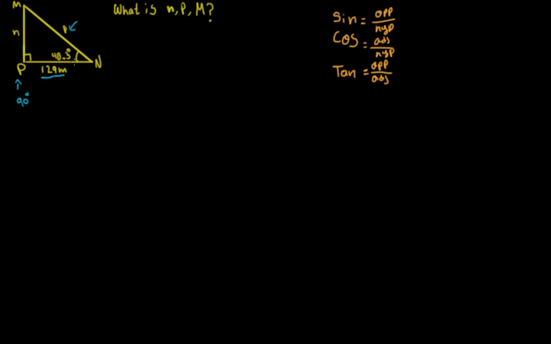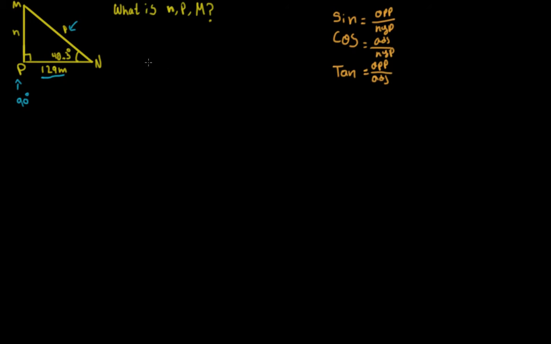So I'm going to get n first, and I'm gonna say, if adjacent is 129 meters, what is opposite? So I see that the only one that I can use to get the opposite for this one is going to be tangent, right?